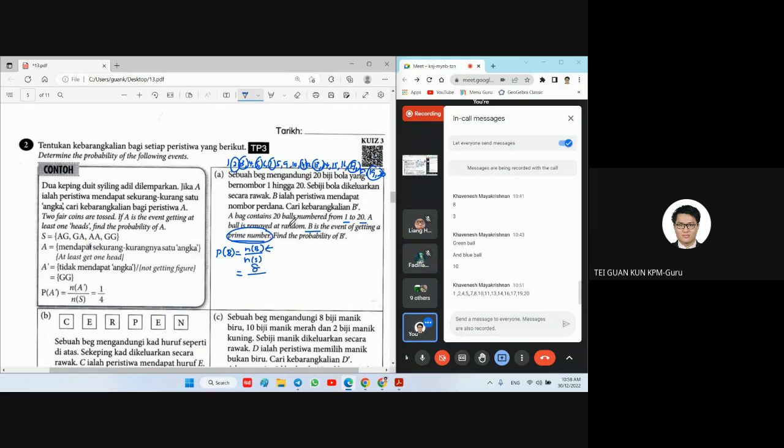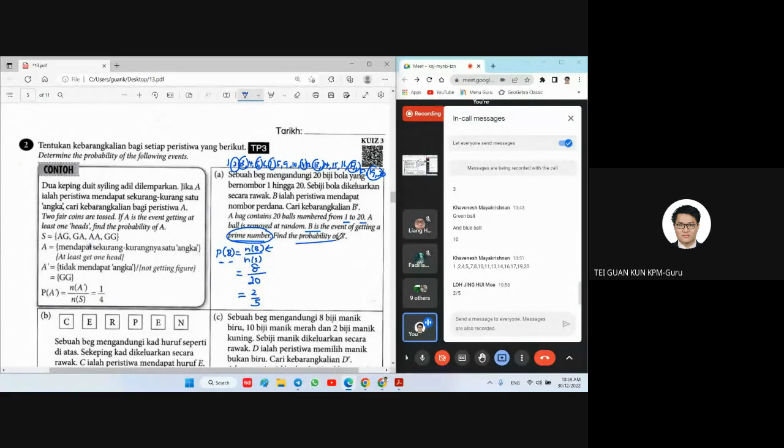Total numbers? 20. Simplify 8 over 20, how much? 2 over 5. Okay, so this is the probability of event B.